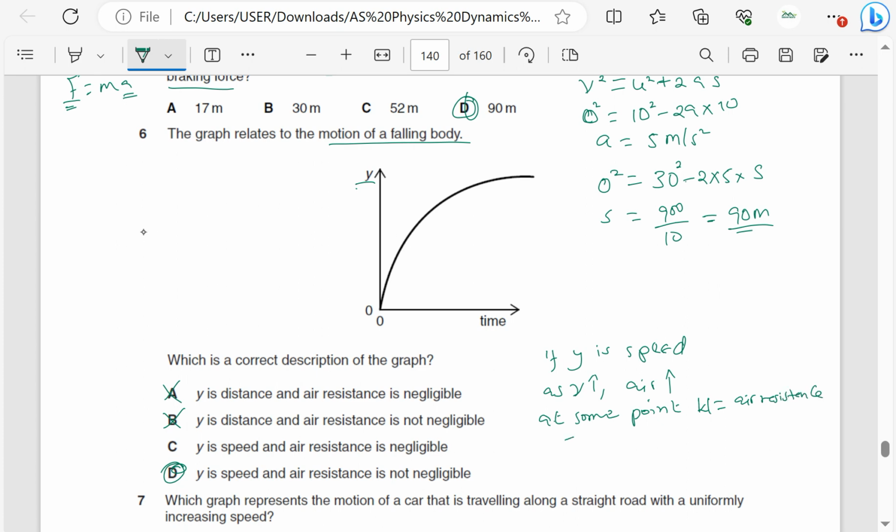At that point, the resultant force is equal to 0, the acceleration is equal to 0, the velocity becomes constant. And this velocity, we have been calling it terminal velocity. So we see that the velocity is becoming constant, so the y is supposed to be speed and air resistance is not negligible.